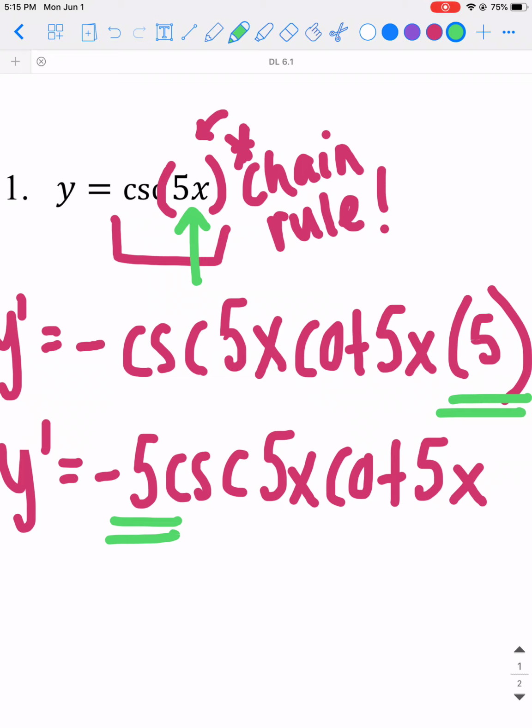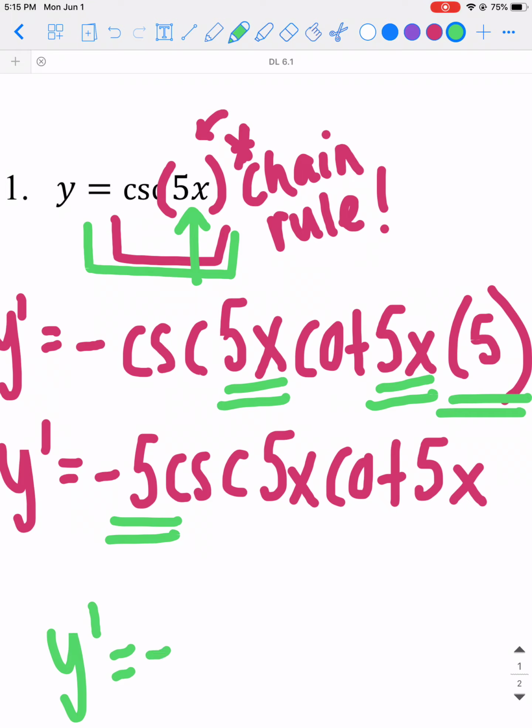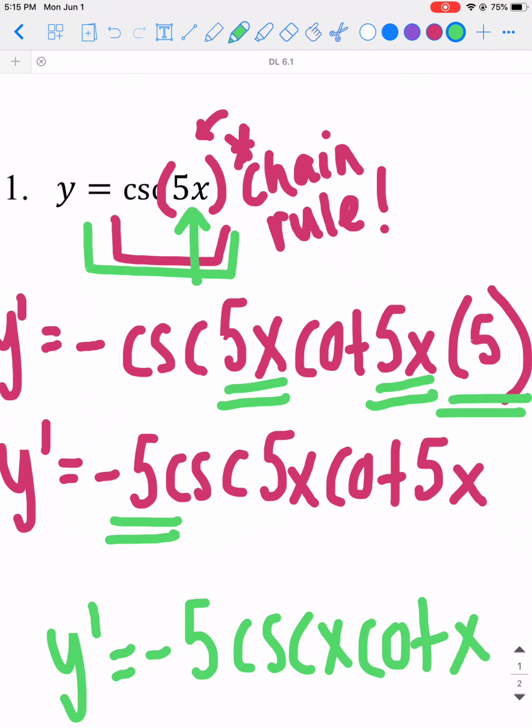Also, some people had this as y prime, let's say we remembered to take the derivative of the inside, cosecant x cotangent x. So we're missing the 5 here. The inside is always going to stay the same. So think when we did the chain rule, I take the derivative of the outside, leave the parentheses the same, then I take the derivative of the inside of those parentheses.